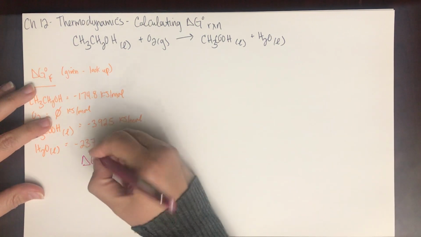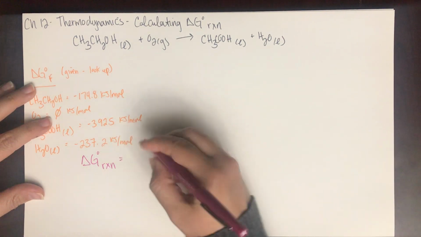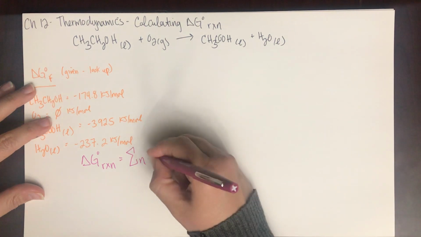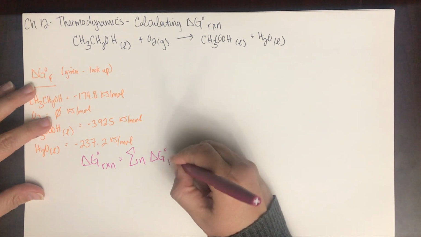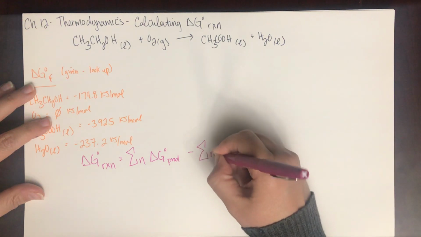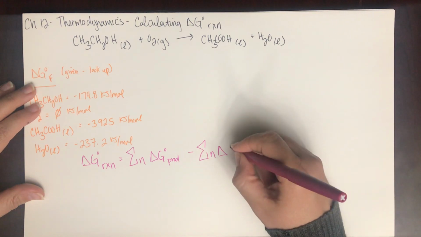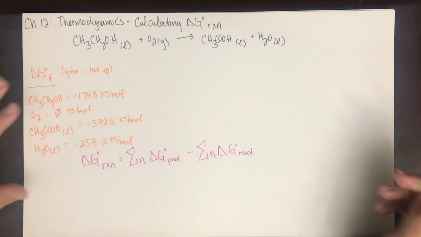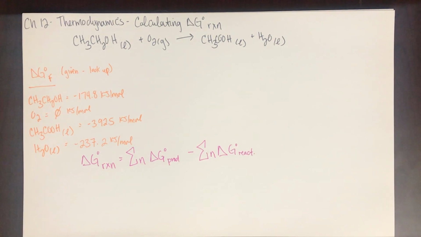The standard free energy for the reaction equals the sum of the number of moles times the standard free energy of formation of the products, minus the sum of the number of moles times the standard free energy of formation of the reactants. So we've seen this three different times now, for delta H, delta S, and now for delta G. Same thing.